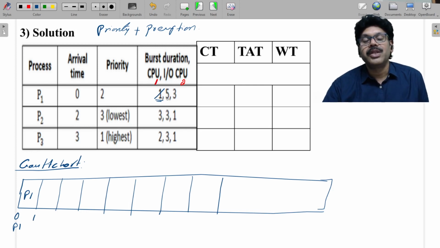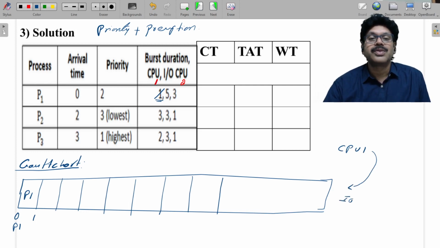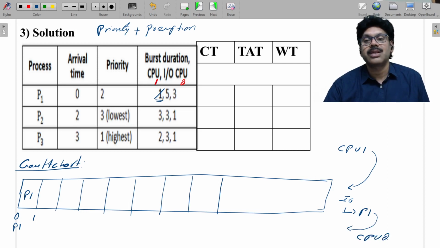Then immediately it goes from CPU 1 to IO. So CPU 1 is idle. Right now in IO, P1 is there. Now the second process may be taken by CPU 1. After IO, P1 goes for CPU 2 time also. That's the order. So P1 is executed for 1 unit of time.